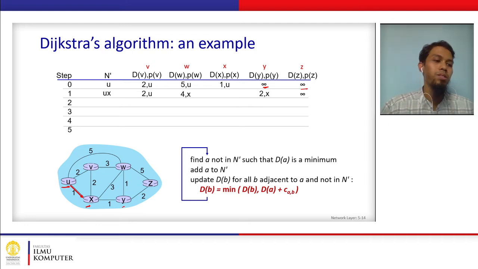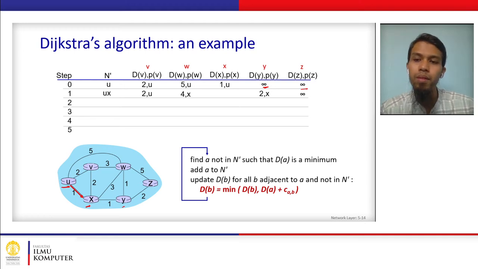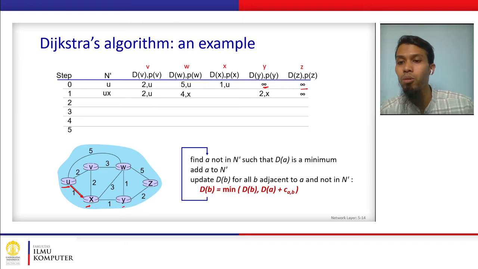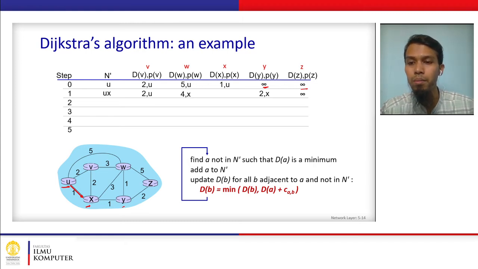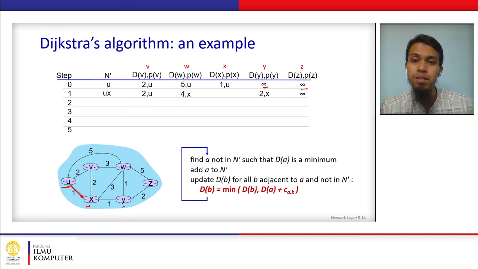All right, so in the second iteration, from u to v, we can have two options: going directly from u to v with the cost 2, and if we go from u to v via x, then we have the total cost of 3. So the initial path is still the one with the least cost, 2 from u to v directly.